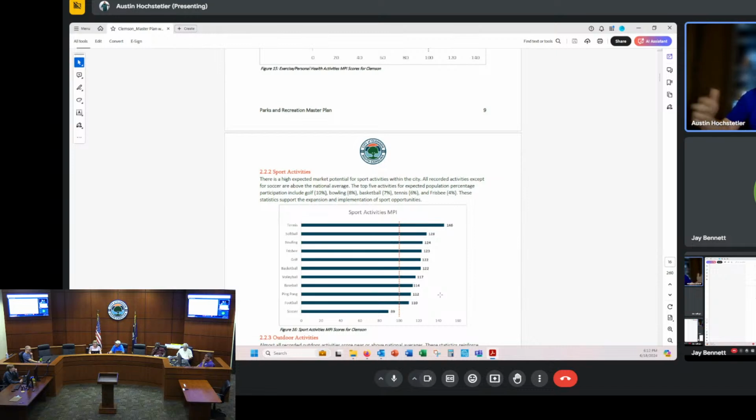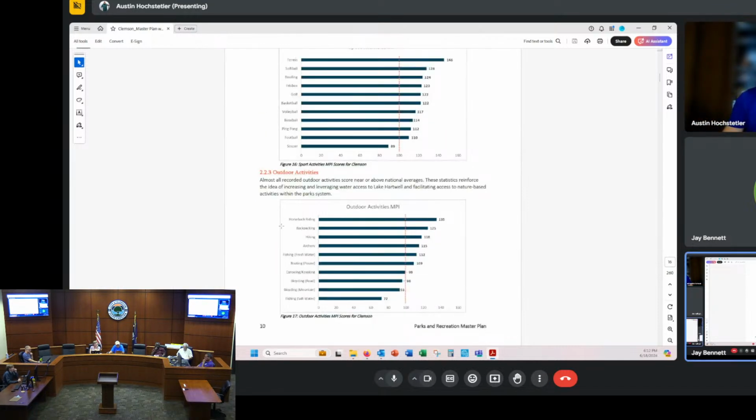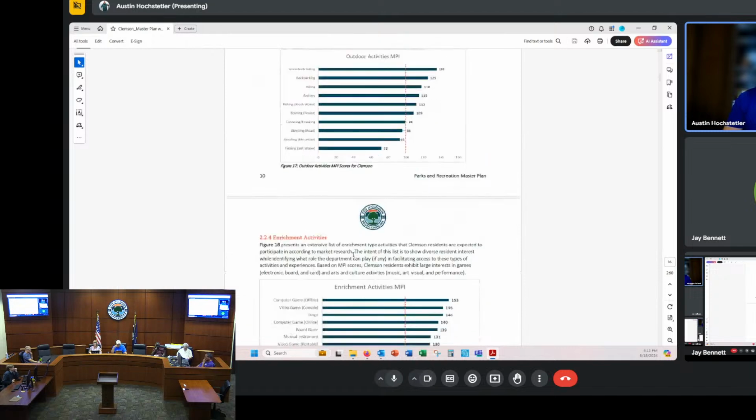These are numbers that help us derive and look at how this is manifesting in reality, in participation numbers and things like that. And in outdoor activities, you see a slew of activities as well: fishing, archery, hiking, backpacking, all that fun stuff.